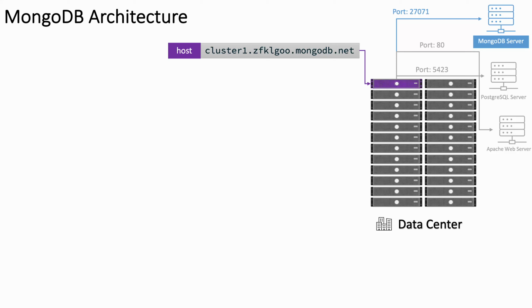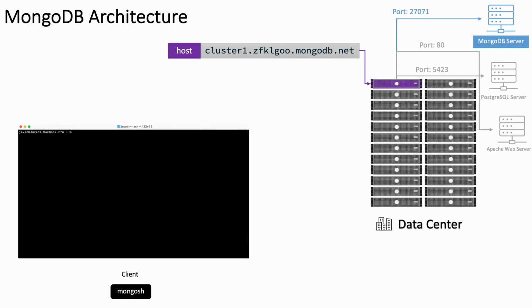An Apache web server application running on port 80, which is the web server for a website. A PostgreSQL database server running on port 5423, which is a database for a web application. And finally, a MongoDB server running on port 27071.